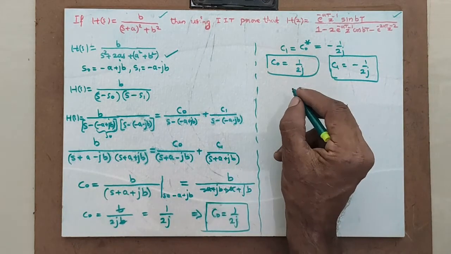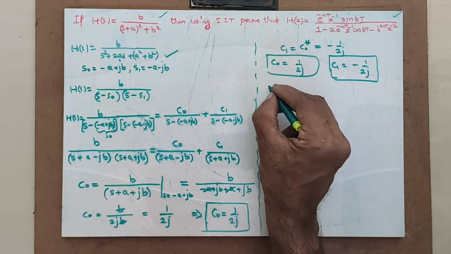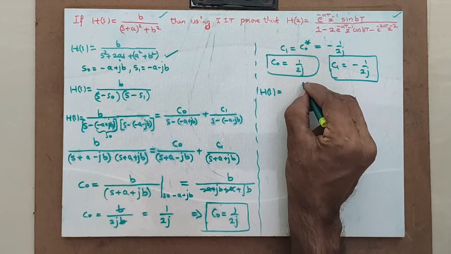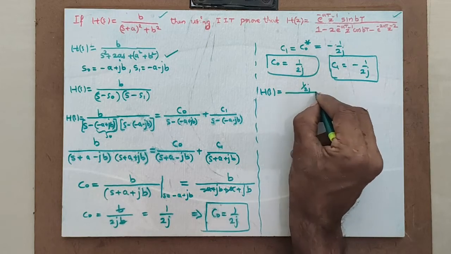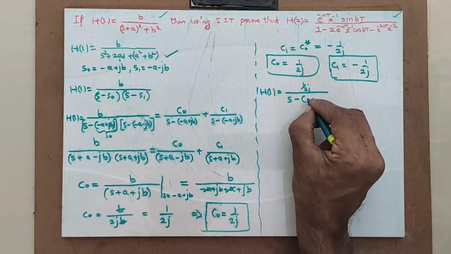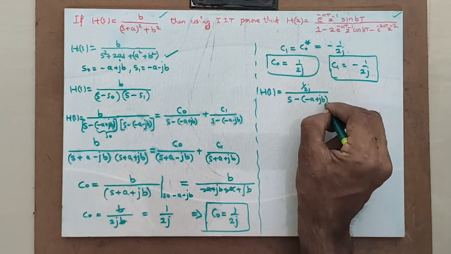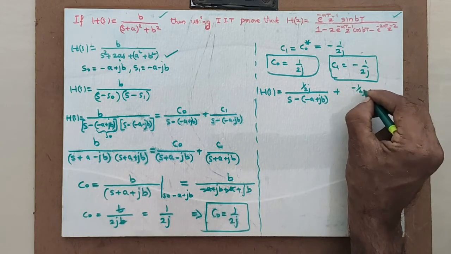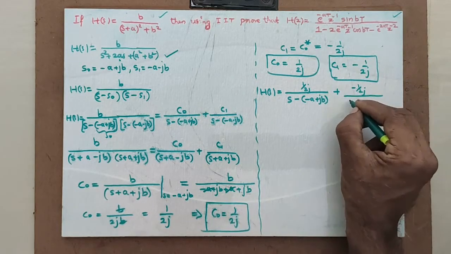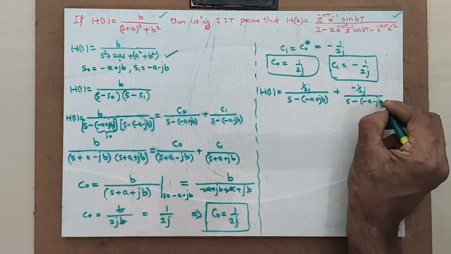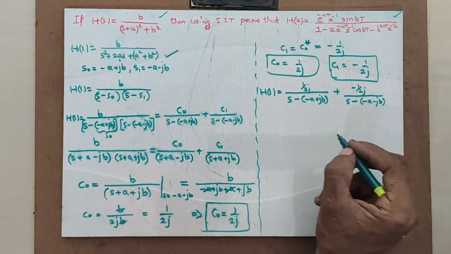Now I have to use this in the partial fraction expansion. H(s) is equal to c0, that is 1 by 2j, whole divided by (s minus s0), minus a plus jb, I am writing in this form, okay, plus minus 1 by 2j, that is c1, whole divided by (s minus s1). S1 is minus a minus jb. Okay.